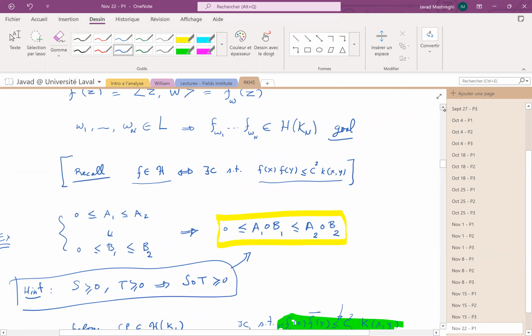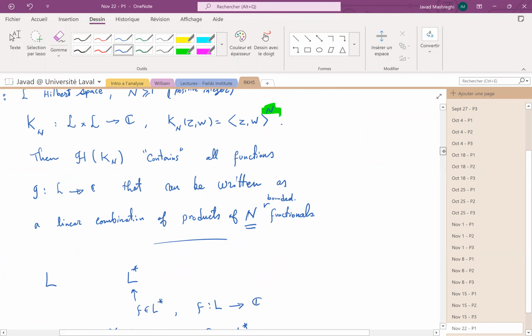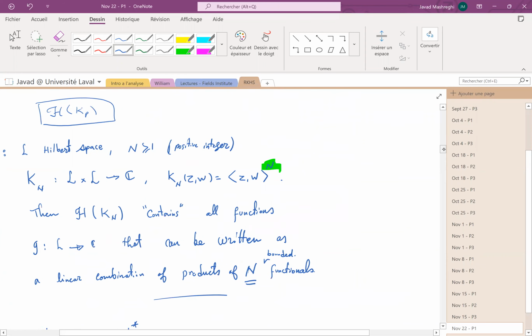Recall, where is that here? Here it is. Here, as you see, X is equal to L, the whole space.